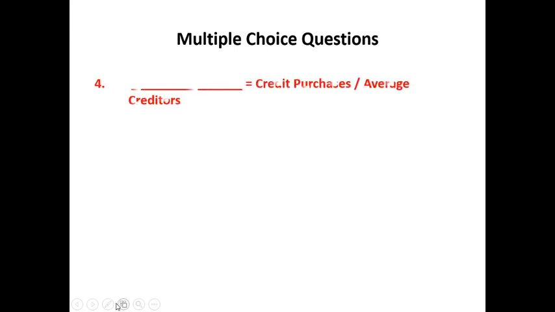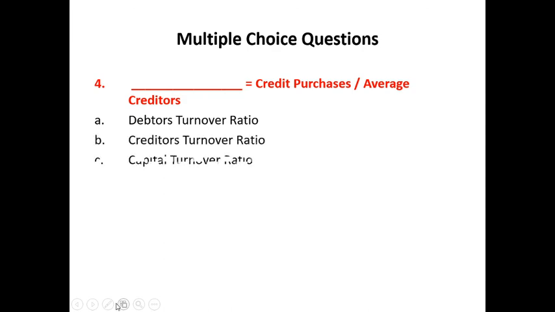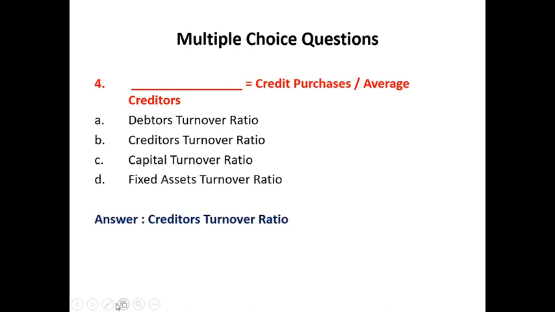Next, fourth one: dash is equal to credit purchases divided by average creditors. Options available are debtors turnover ratio, creditor turnover ratio, capital turnover ratio, fixed asset turnover ratio. The correct answer is creditor turnover ratio.